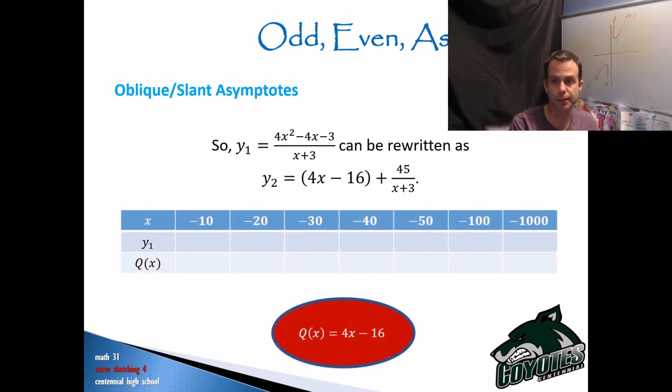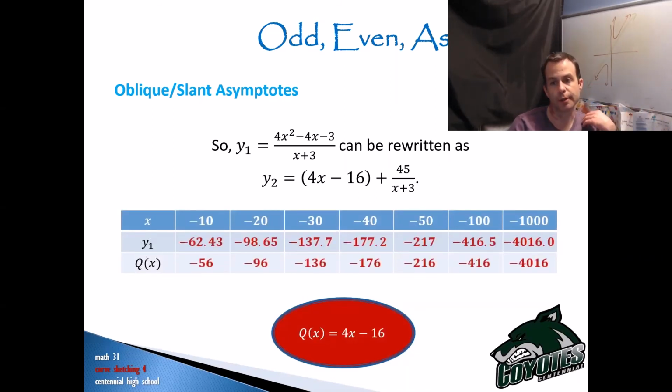You got to do some button pushing. Plug in negative 10, negative 20, negative 30, negative 40, negative 50, negative 100, and negative 1,000. Plug that in for both the y1 and for the q of x. Remember, the q of x is 4x minus 16. So pause me and do that. Okay, and then these would have been your numbers.